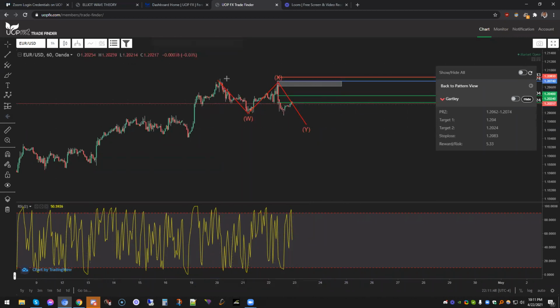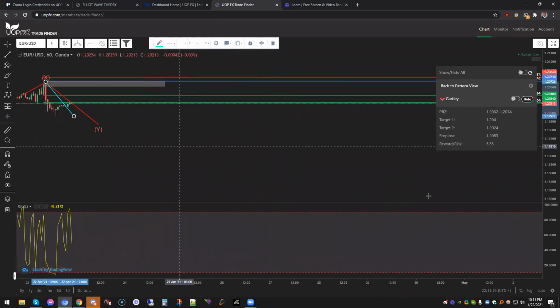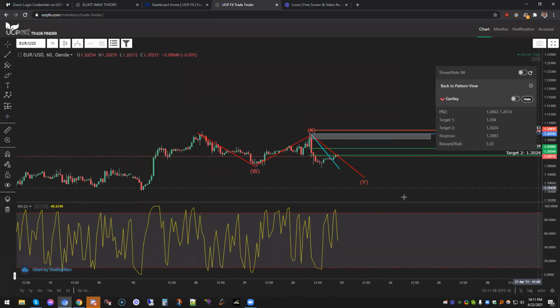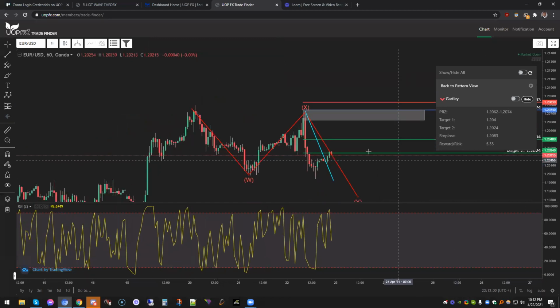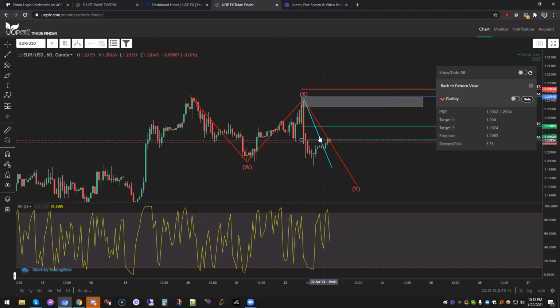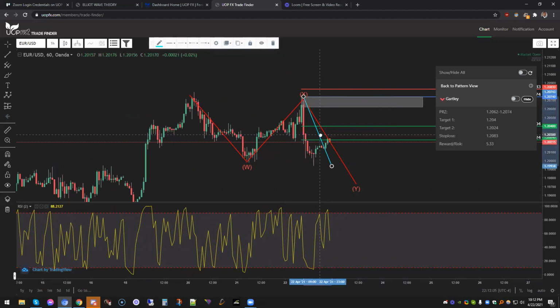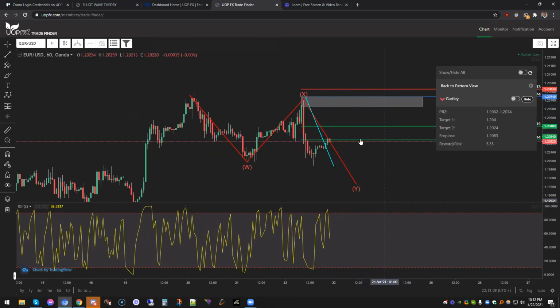Now, let me just measure this wave. And I'm going to make it bigger so I can make sure I put that projection accurately. I think I got it accurately.